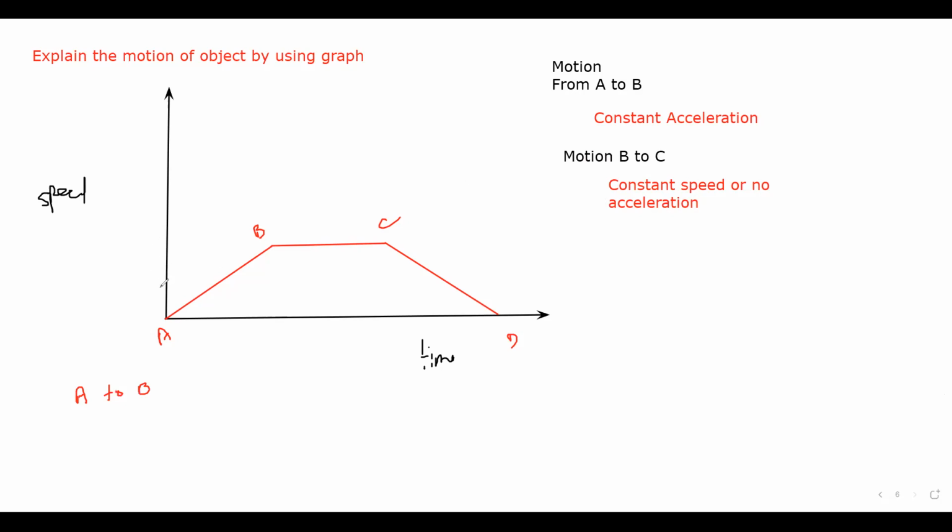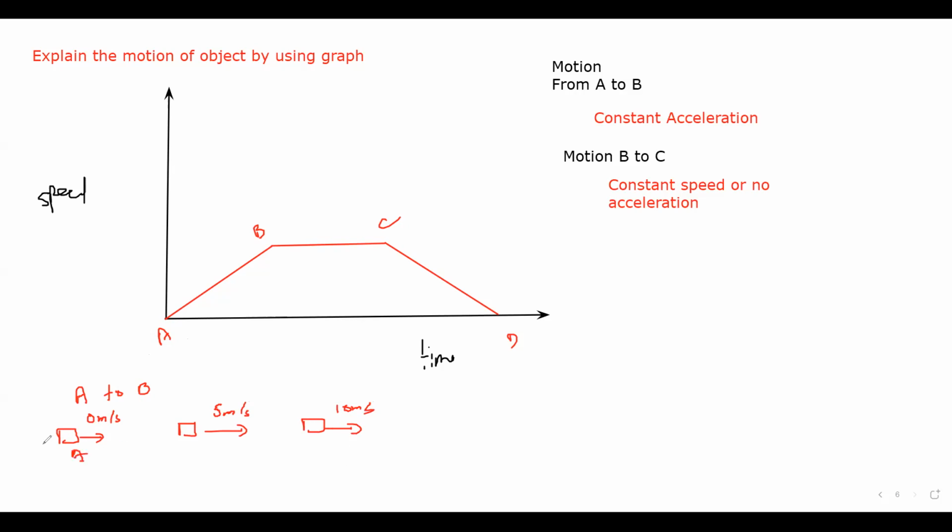In a speed time graph, the slope represents acceleration. Why are we saying constant acceleration? Because the acceleration is not changing from A to B. For example, at point A the speed was 0, then at point B the speed is 5, and at point C the speed is 10.